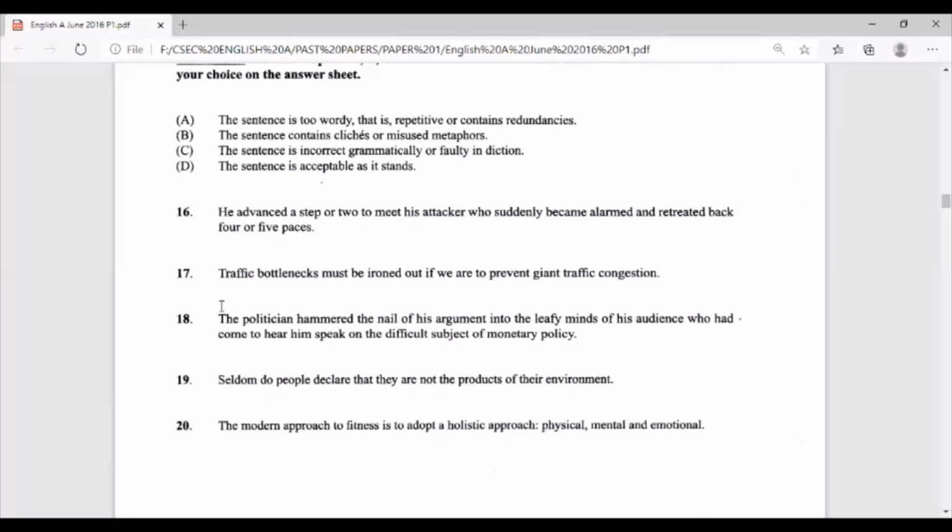It's not adapt. Adapt meaning respond to change and make the necessary changes to fit as change arises. But we're saying that they adopt a holistic approach, and this is the modern way to fitness. And our sentence, therefore, is fine.